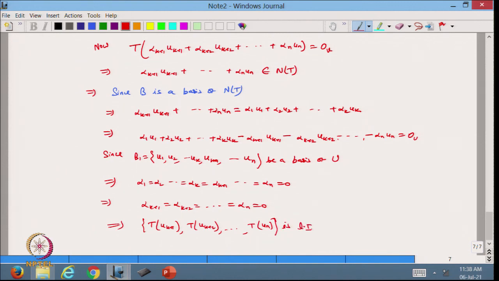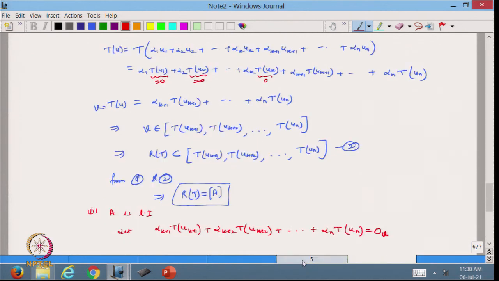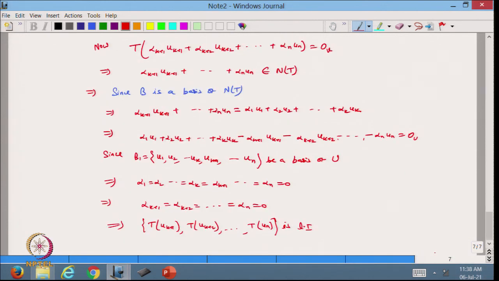So, now we are able to show that this is linearly independent and it spans R(T).